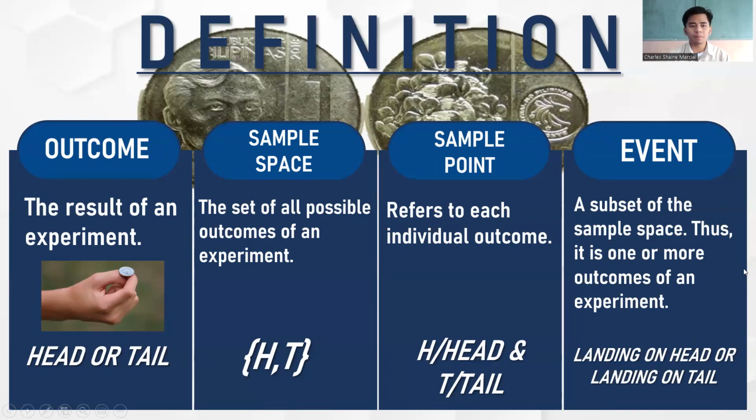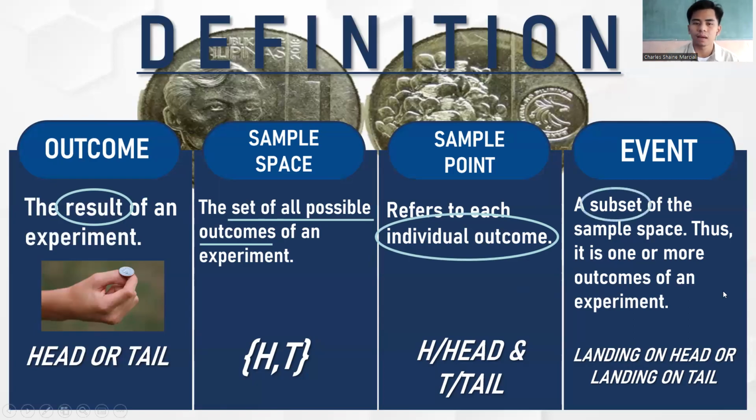So, tandaan lang natin, pag sinabi nating outcome, that is the result of an experiment. Alright? When we see sample space naman, it is the set of all possible outcomes. So, that's the keywords. Okay? Now, in the sample point, it refers to the individual or each individual outcome. Okay? Next for event is the subset.